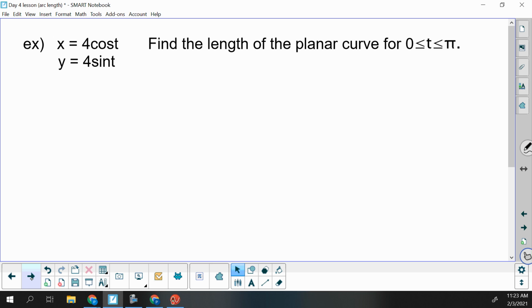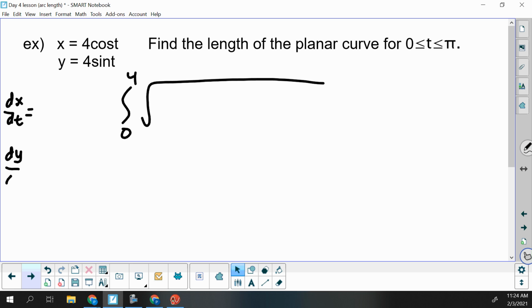So we're going to see if we can find the length of this from 0 to pi. We might recognize that from before, but that will end up being a circle, so it's smooth everywhere. So we're doing the integral from 0 to pi of the square root. And let's just list what our dx over dt and dy over dt are. dx over dt will be minus 4 sine t.